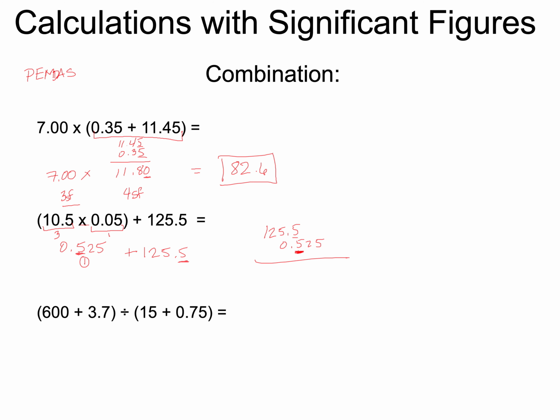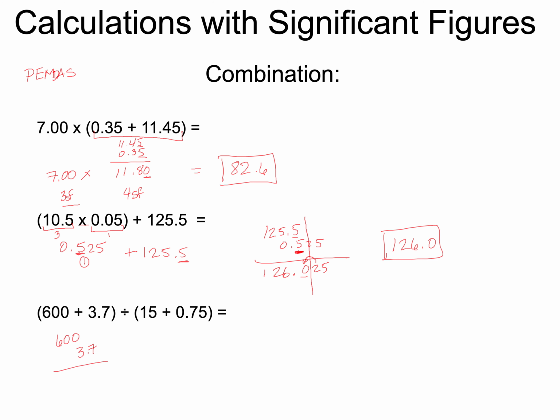So when I add this all together, I get 126.025, and I know that I can only report as far as this tenths place. So I use the value back here, the 2, to round the 0. Well, it's going to stay as it is, so 126.0 is my value.